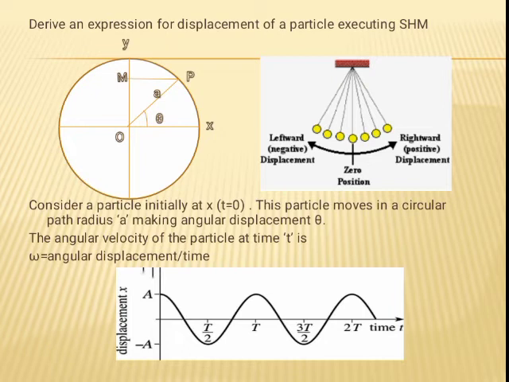I am taking the references of circular motion as well as simple harmonic motion. I take both and compare them, giving you the displacement of a particle executing simple harmonic motion.